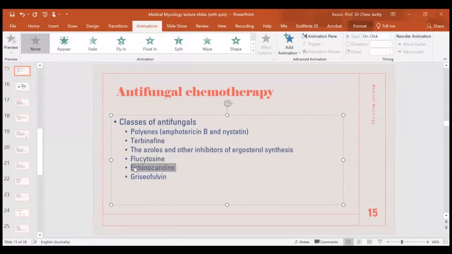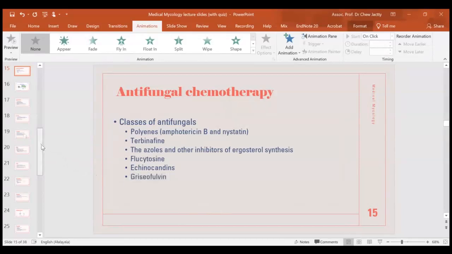Echinocandin interferes with the beta-glucan structure formation, which is part of the cell wall. Griseofulvin disrupts the mitotic spindle function, inhibiting the growth of the hyphae and the fungus. So, 6 different groups, classes of antifungal.